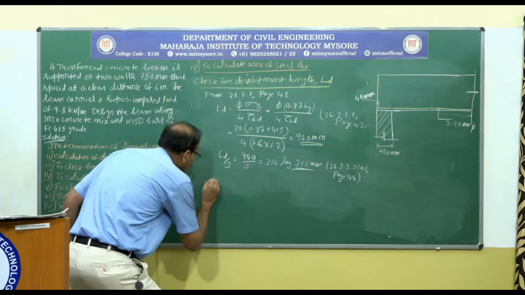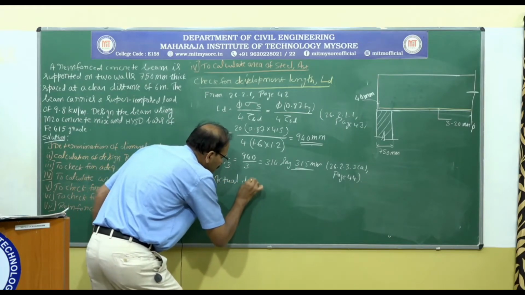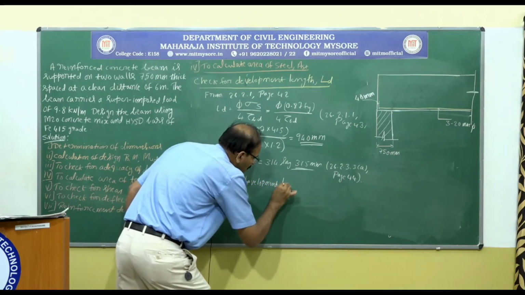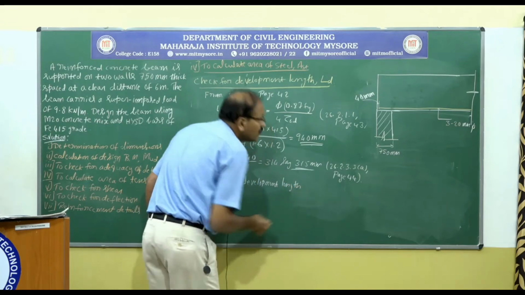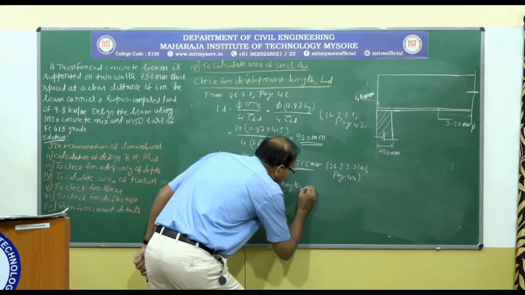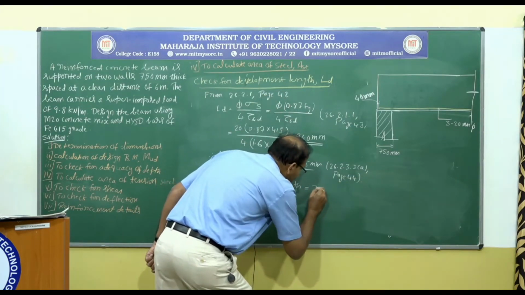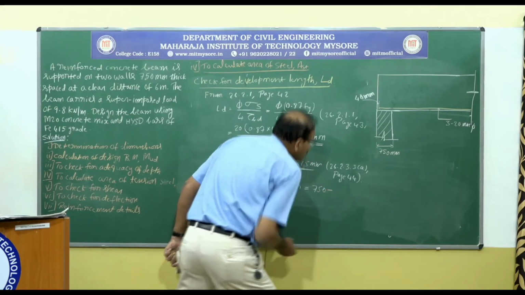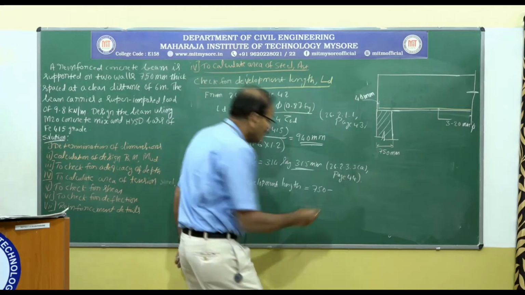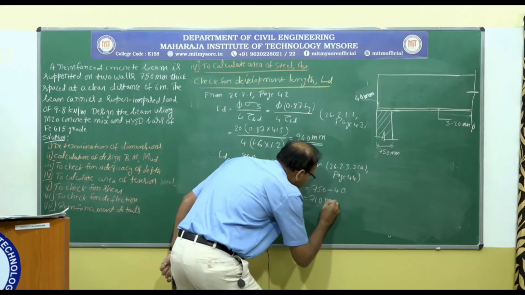Here I am going to show the side cover of say 40 mm. Therefore, axial development length measured from the face of the support equals support thickness 750 millimeter minus the side effective cover, that is 40 mm, which is equal to 710 millimeter.